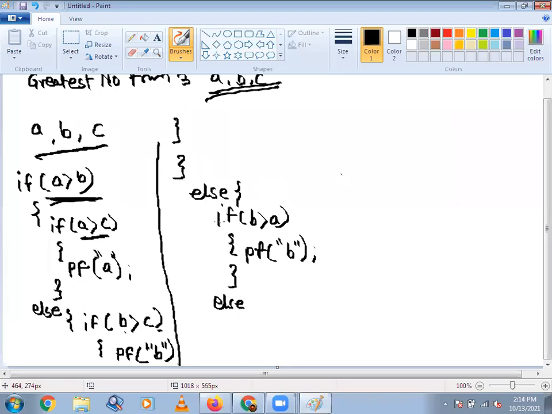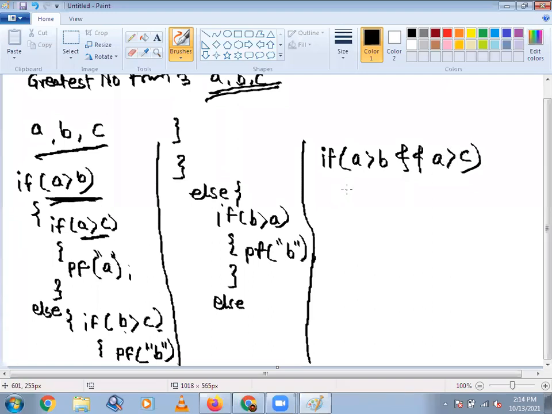What is another method? The second method is by using logical AND; we also check it that way. If A is greater than B and A is greater than C, then A is the greatest number.